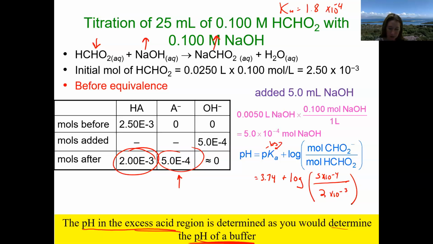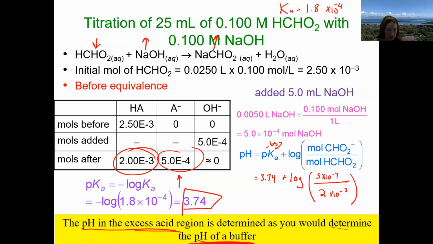The log of 0.25 is this. Sorry, literally 100 degrees in my office. And you finish it off and you get 3.14. Oh, that's my pKa. So my pKa is 3.74. Oh, that's where I got my 3.74.